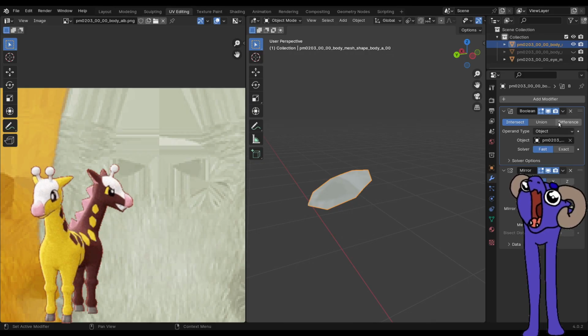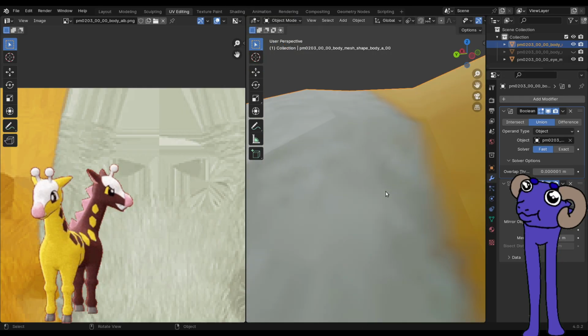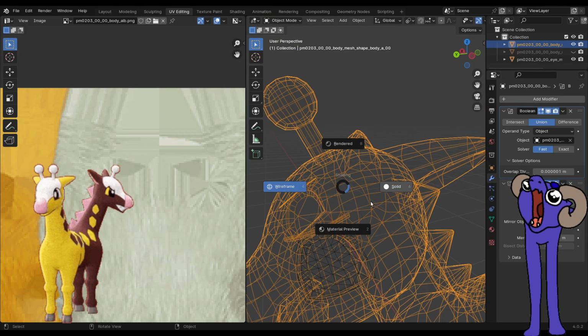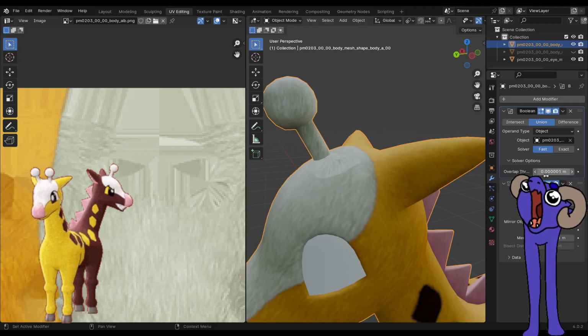Intersect does something very different. How far in is that? It's pretty far into the head. That should definitely be combining, right?